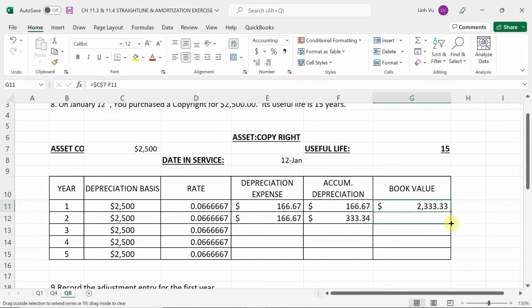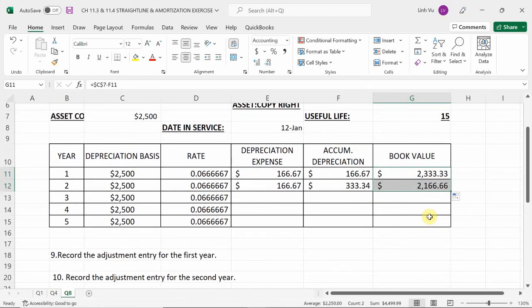So therefore, my book value is $2,166.66. Okay. All right.